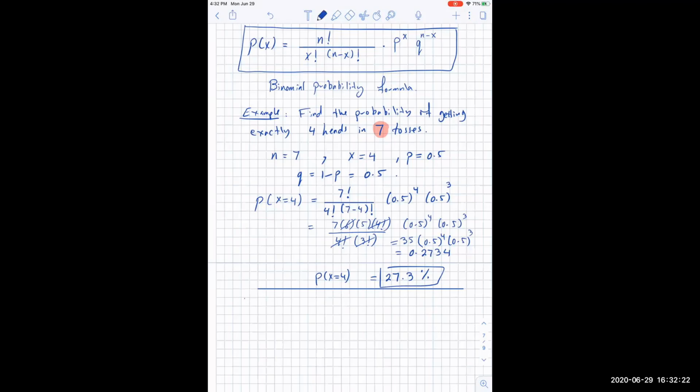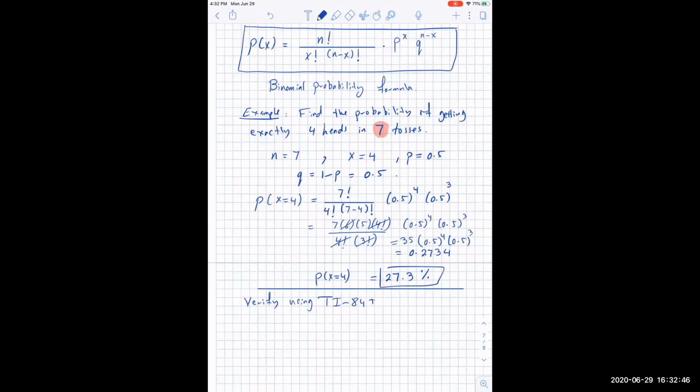Let's verify with the TI calculator. So I'm going to show you how we're going to verify with the TI calculator.